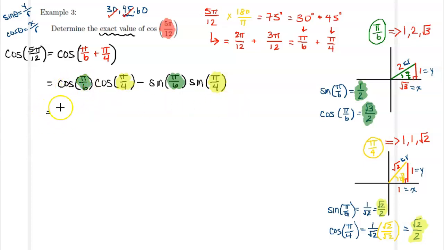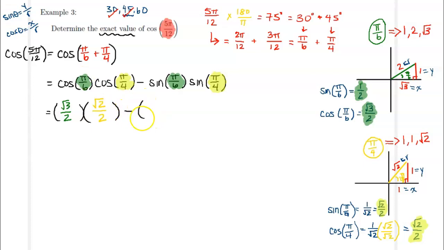So cos of pi over 6, we got to be root 3 over 2. Next up, cos of pi over 4. Cos of pi over 4 was root 2 over 2.